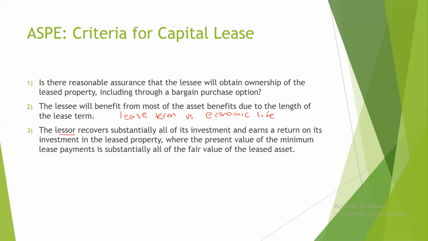To do this, we're going to compare the present value of the lease payments, of the minimum lease payments, and I'll show you how to do the present value calculation in a bit. So present value of lease payments versus the fair value of the lease asset. Here it says substantially all.